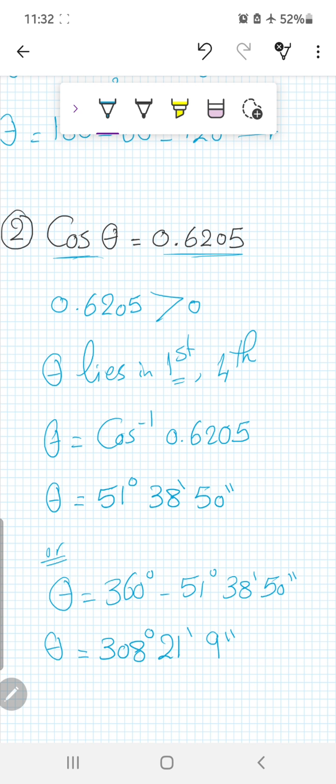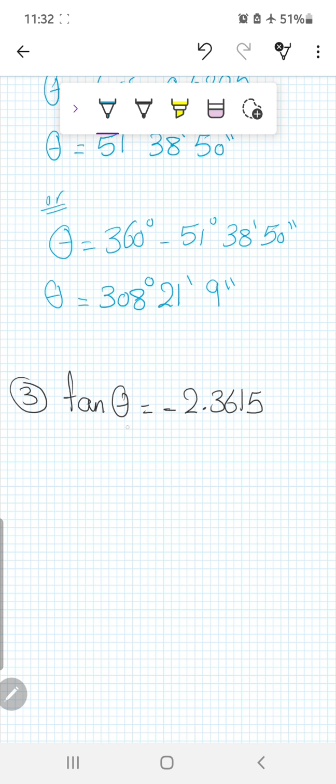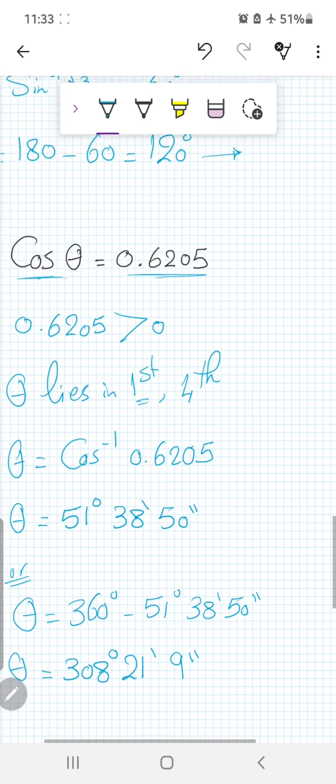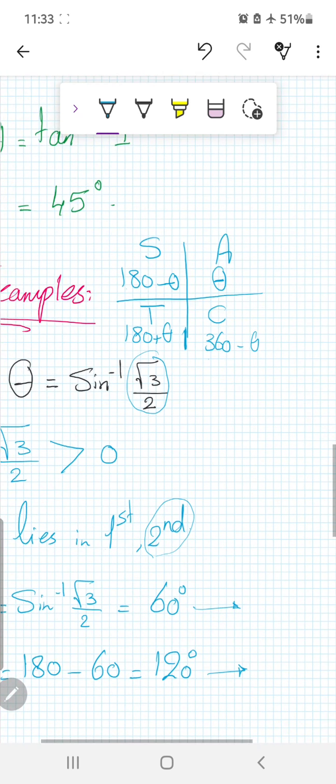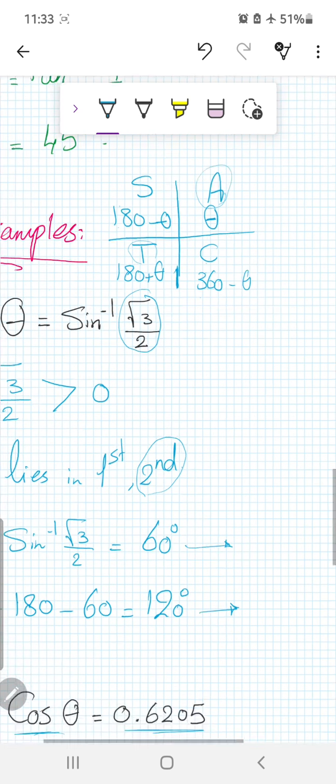Okay, the last example. Here tan theta equals negative 2.3615. Here tan is negative, okay, negative 2.3615 is less than 0. So tan is negative in the second and fourth quadrants. Here tan is positive in the first and third, so the negative will be in the second and fourth.